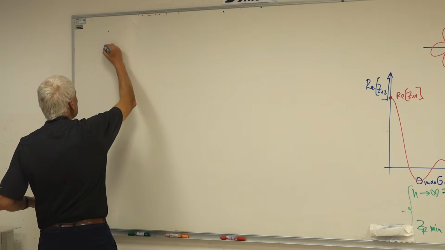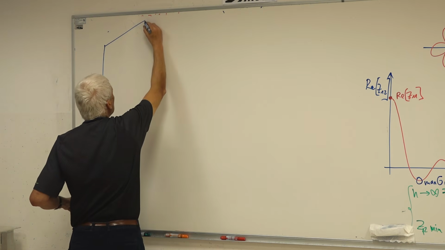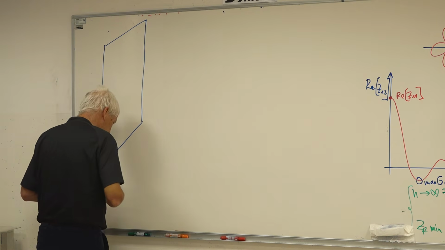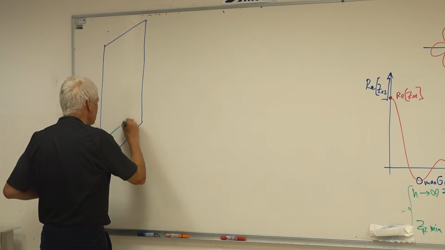I have a metal screen. And in front of this metal screen, I have 4 dipoles, 4 half-wave dipoles.